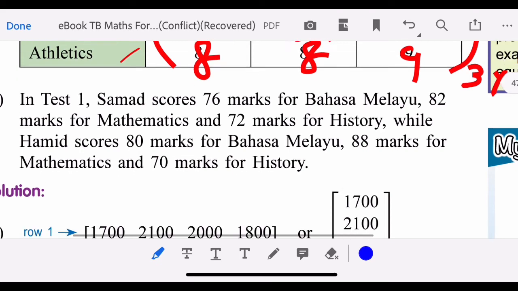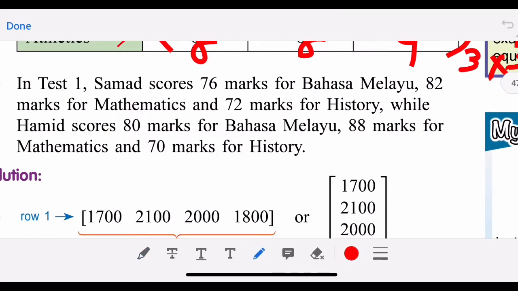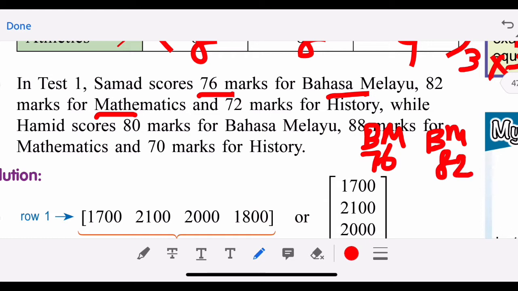Okay, for this one in test 1, Samad scored 76 marks for BM, 82 marks for mathematics. So Bahasa Melayu 76, and then 82 marks for mathematics.